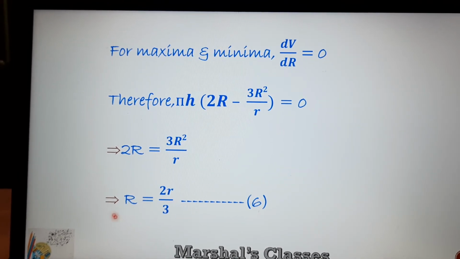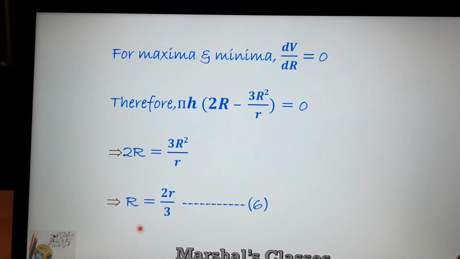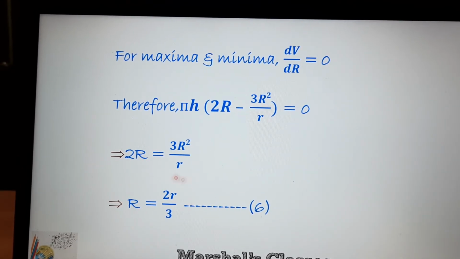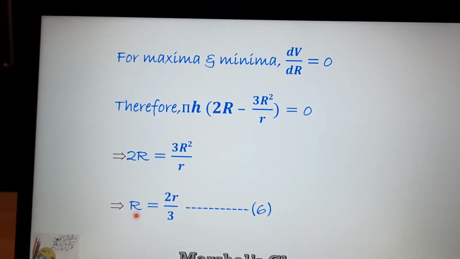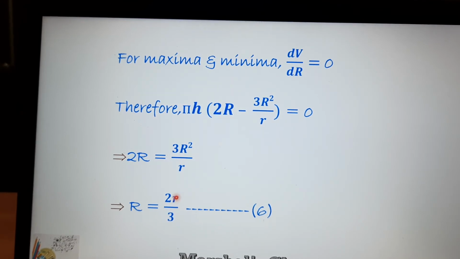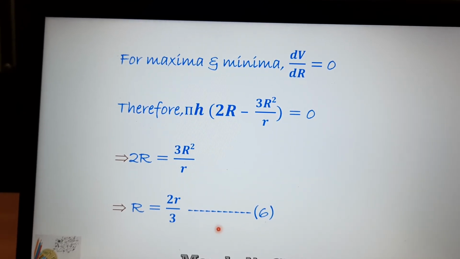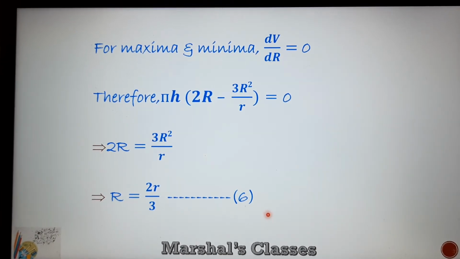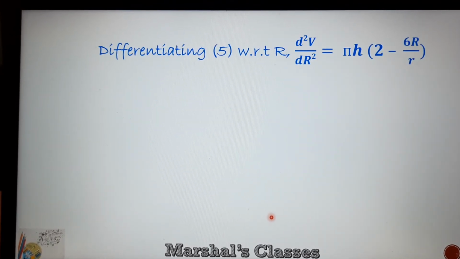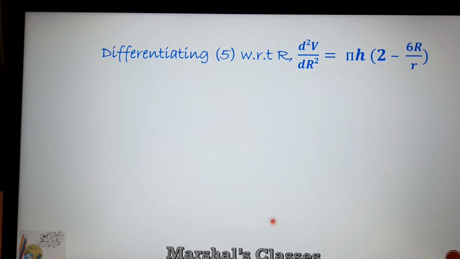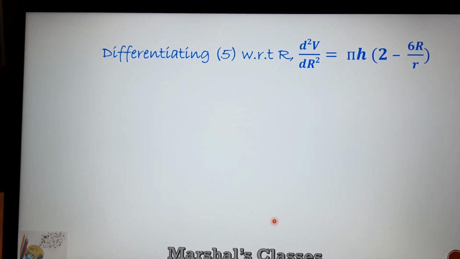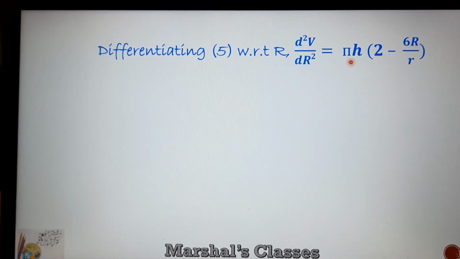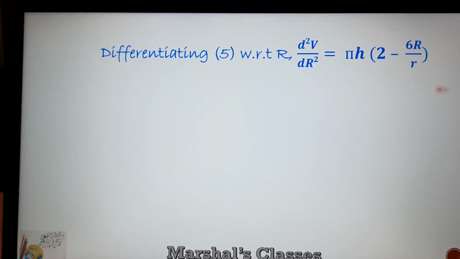So this essentially means that for maximum or minimum volume, the radius of the cylinder will be 2 times the radius of the cone divided by 3. We call this equation 6. Differentiating a second time, d square V by dR square is pi h into (2r minus 6R) by r.